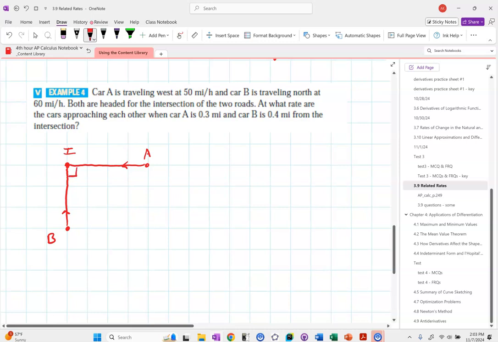I know cardinal directions are perpendicular to one another. So I'm going to call this side X, this side Y, and this side R. Pretty good with that? Car A is traveling west at 50 miles per hour. What is that telling us?